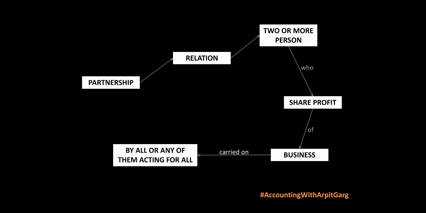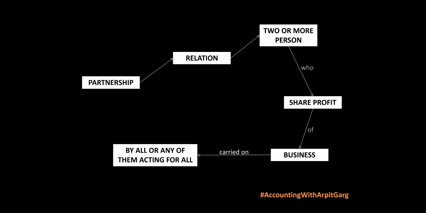It means suppose there are three partners A, B and C. So here they have the options. First, all three partners can take an active part in the affairs of the business, or second, either one or any two can take an active part in the affairs of the business and the inactive one will be called a sleeping partner.